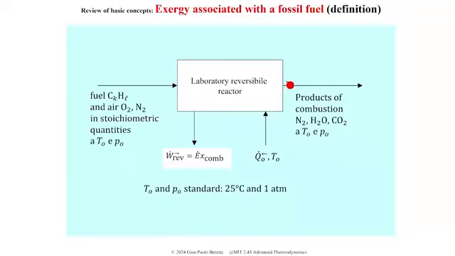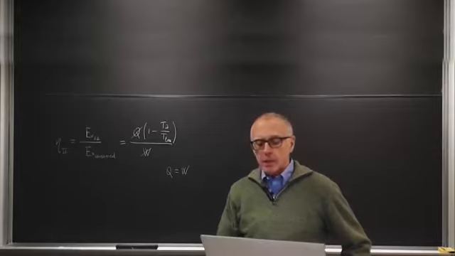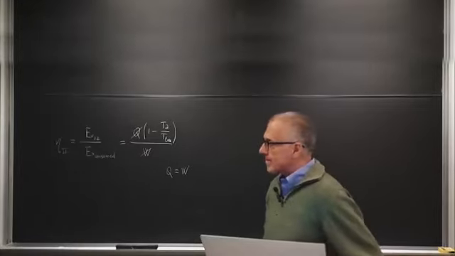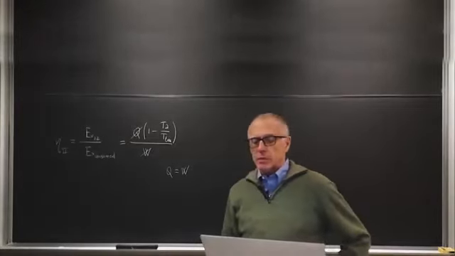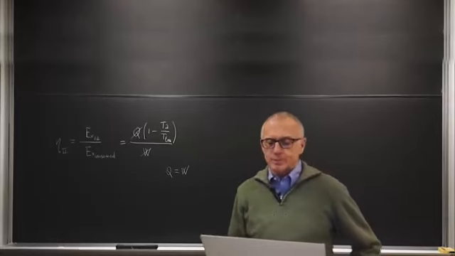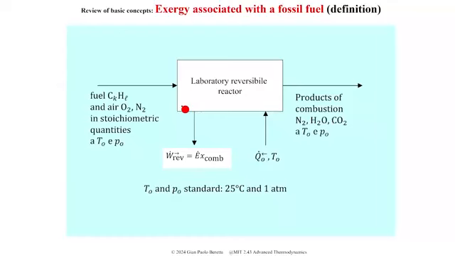And then you have a piece of equipment which you try to make as close to reversible as possible. And while this equipment produces the combustion or the oxidation of your fuel and therefore produces products of combustion, it produces also work.